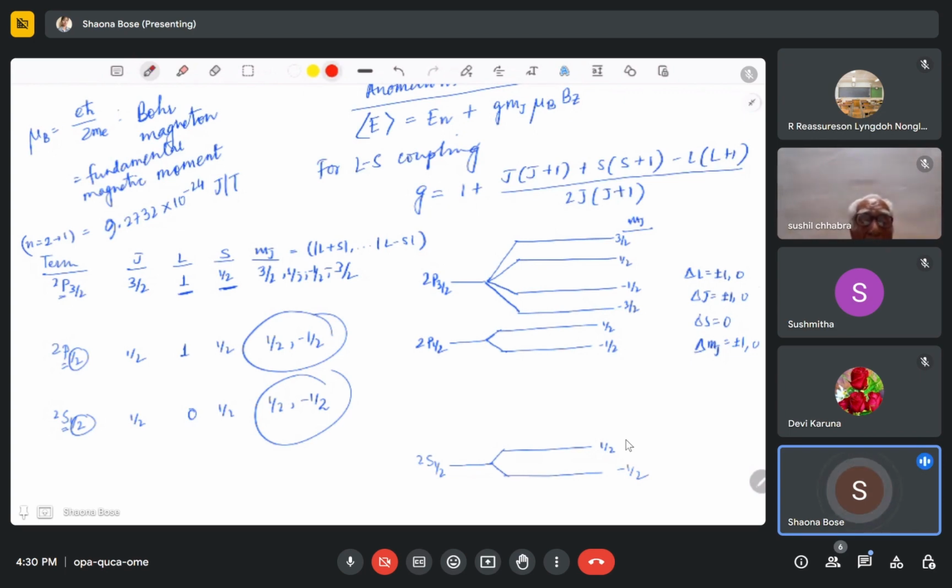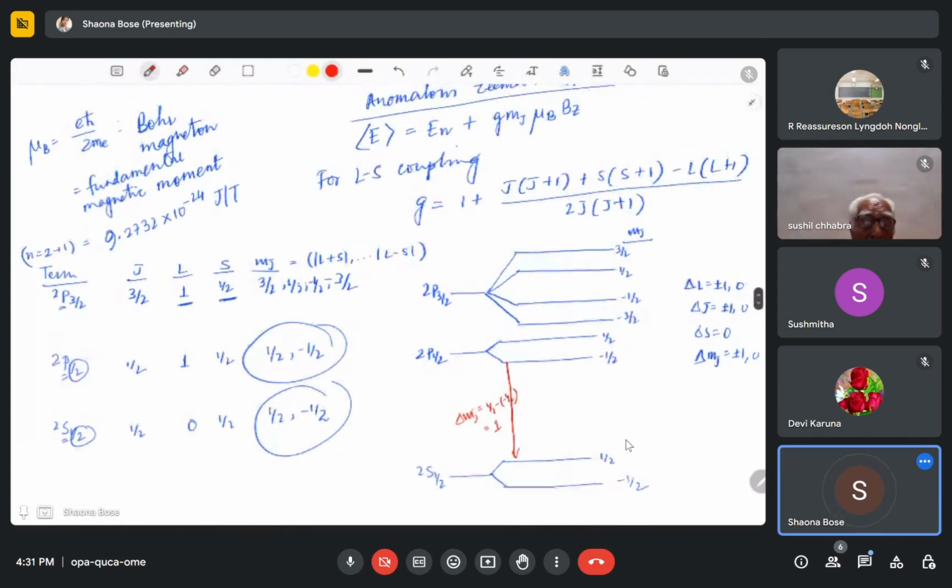So let us start from this line, from the 2p minus half. So will it come down to this one? Let us see what is del mj for this. That is half minus of minus half, that is 1.